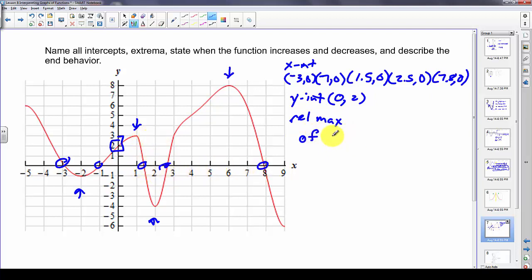That appears to be at 3, and it happens at an x value of 1. Once again, y values are what the maximum values are, and where they happen are the x values. There's also a relative max of, here's this other relative max here, and it goes all the way up to 8 at the x value of 6.